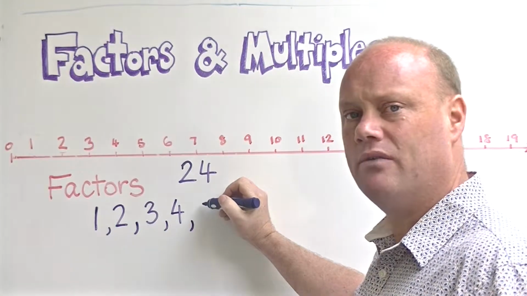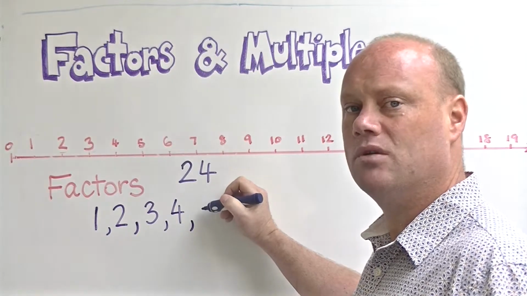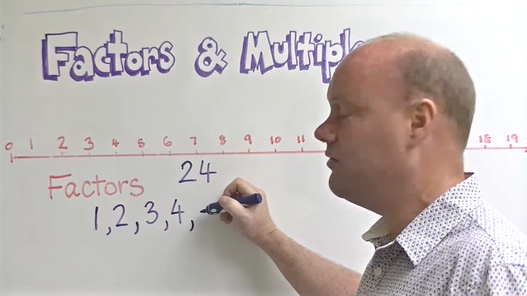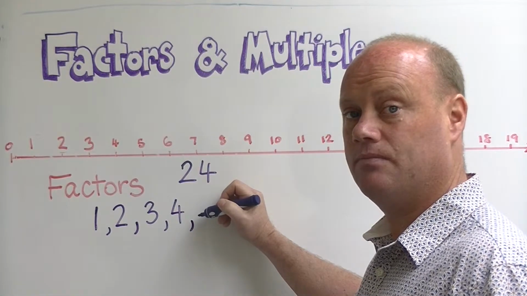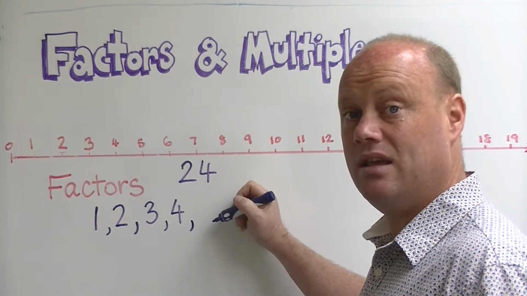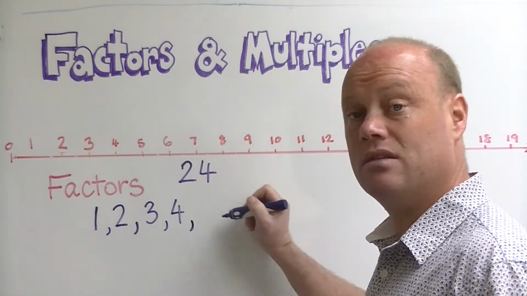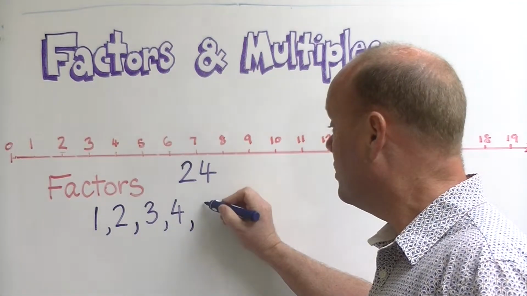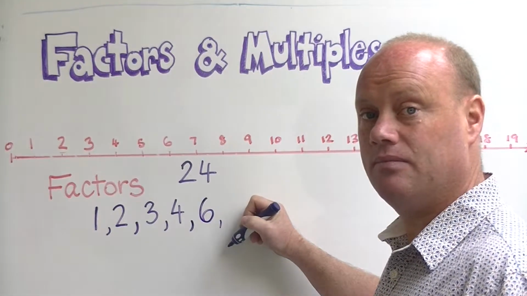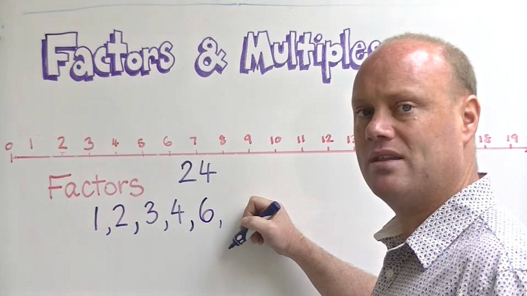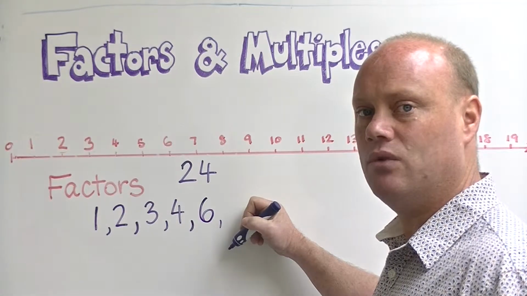What about 5? 5 doesn't multiply by any number to get a result of 24. So 5 is not a factor of 24. But 6 is a factor because I know that 6 multiplied by 4 is 24. 7 is not a factor because nothing can multiply by 7 to get the answer of 24.